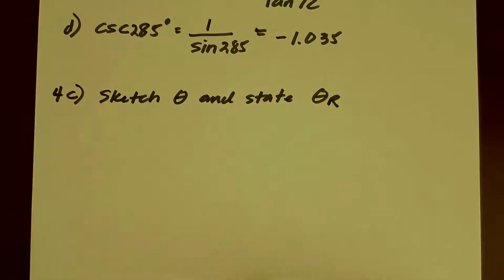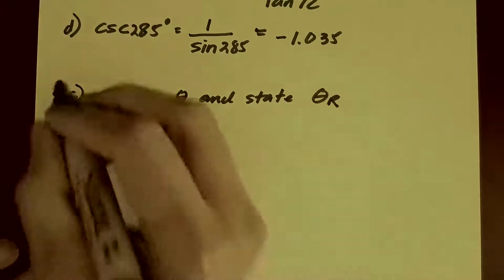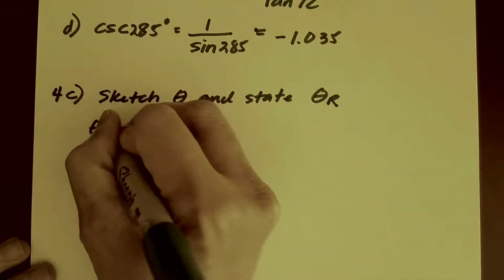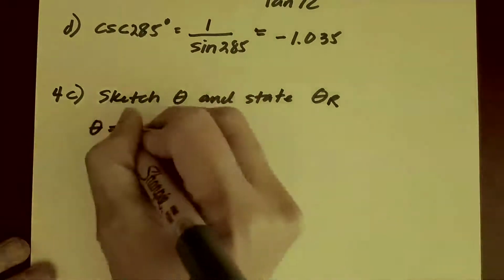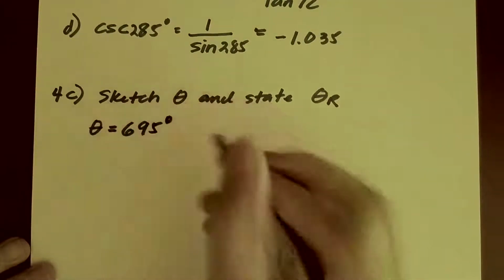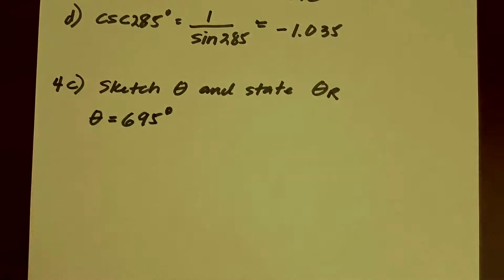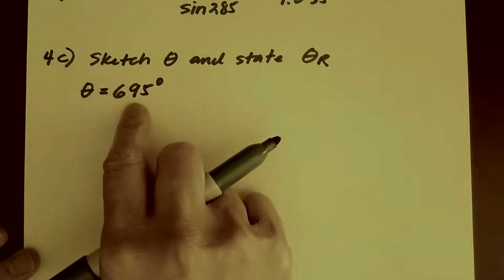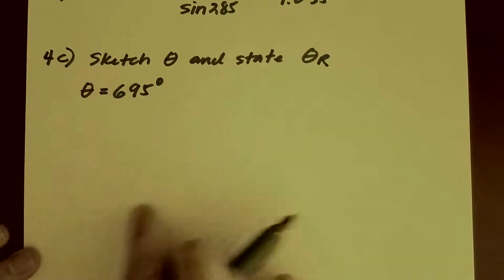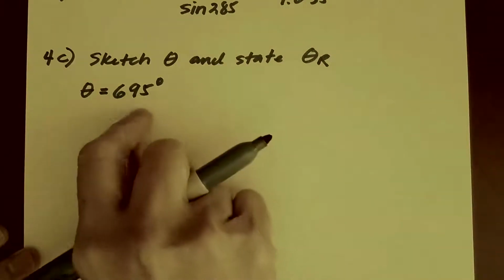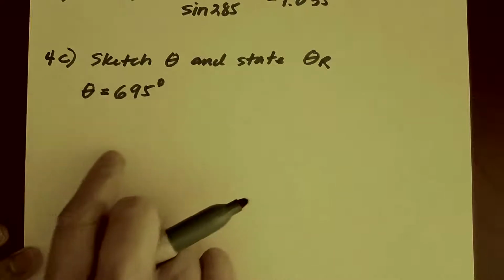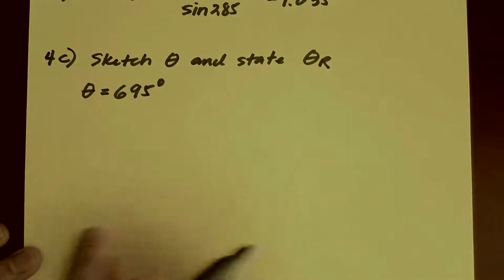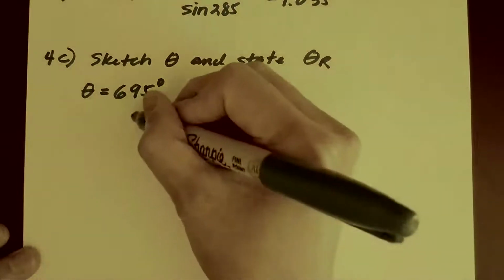So what does that mean? Doing 4C first, they're telling us that theta is 695 degrees. That means our angle is a positive angle, which means it rotates in a counterclockwise direction. This is over 360 degrees, so it's going to rotate more than 1 revolution. So what does that look like?